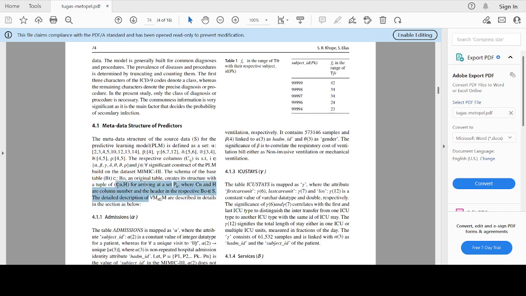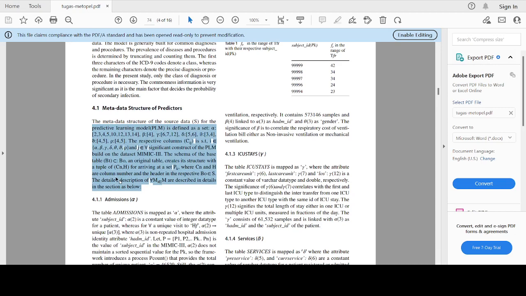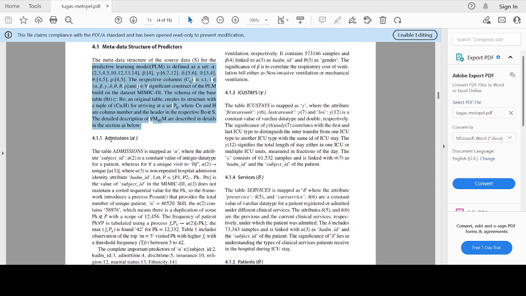Okay, this is basically describing the metadata structure. And I think the type is also a tuple. A tuple is basically a fixed array. So this is basically just a description of the metadata.